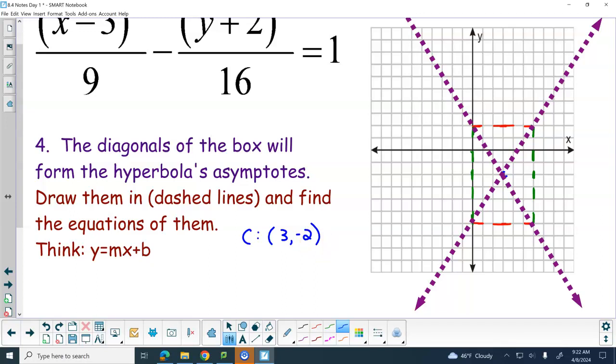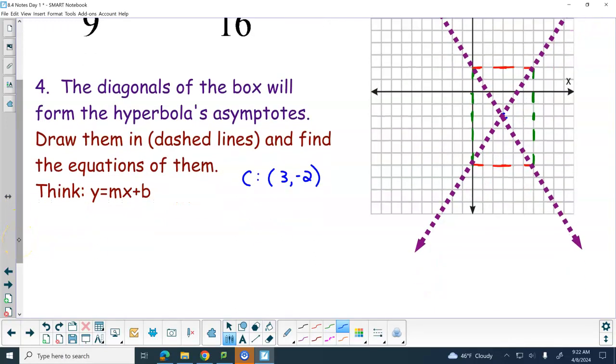Now, the slope of the diagonals, one's going to be positive, one's going to be negative, and it will always be your B value divided by your A value. Okay? So the slope is always going to be plus or minus B divided by A.